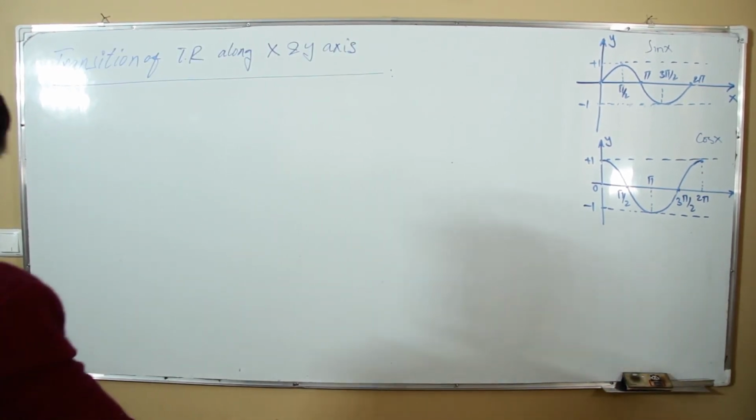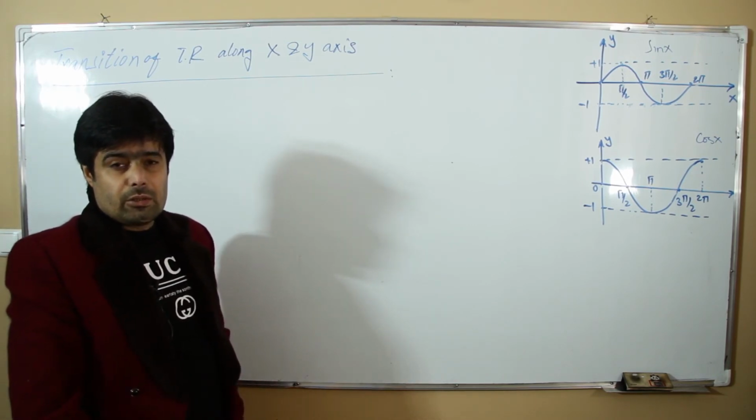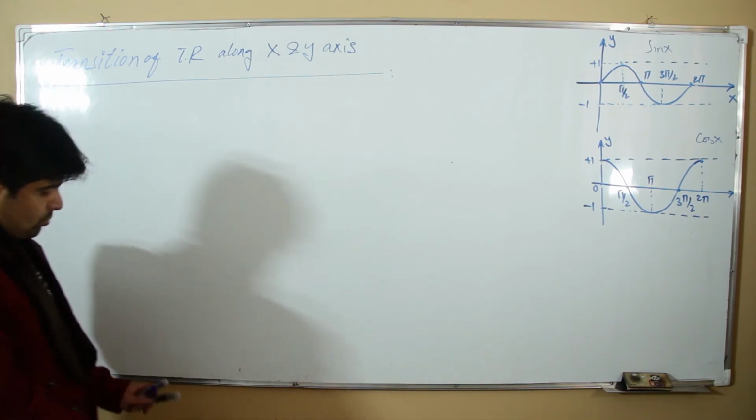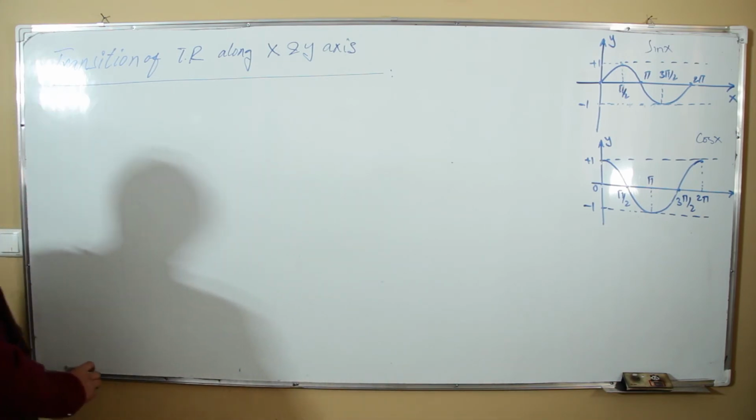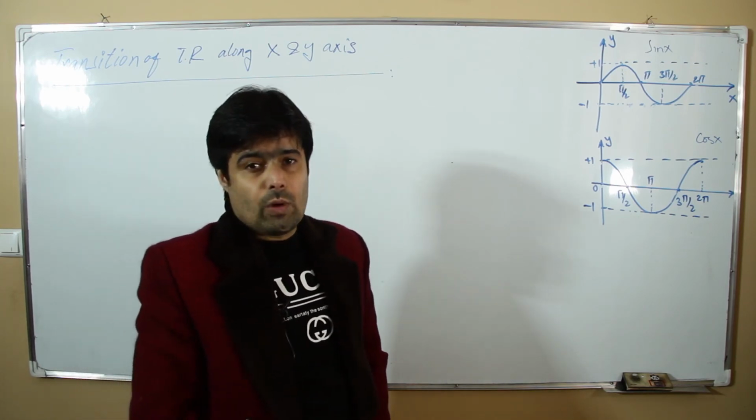By the way, our next topic is transformation or translation of the trigonometric ratios along the x-axis and y-axis. Now, how can we do it? We have two translations. The first one is the x-axis and the second is the y-axis.